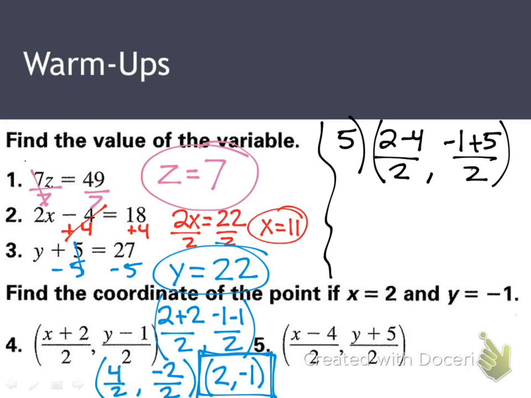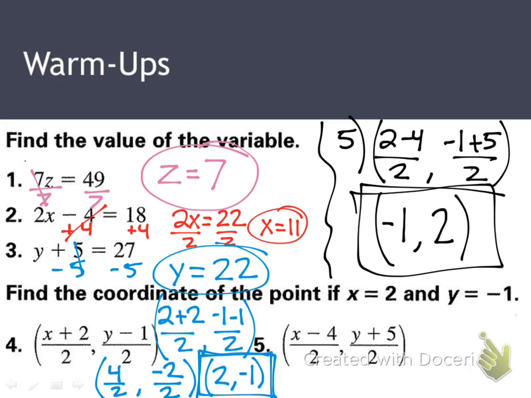And then negative 2 over 2 is negative 1. So I get negative 1 for my x value. What is negative 1 plus 5? It's like 5 minus 1. 4. What's 4 divided by 2? 2. And there you go.